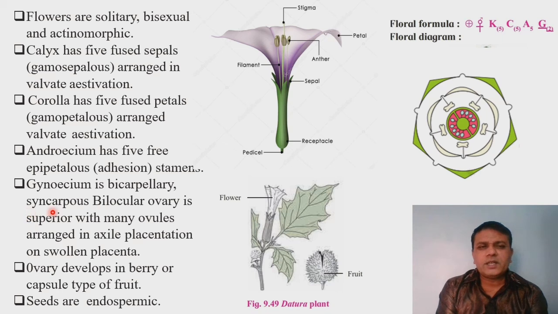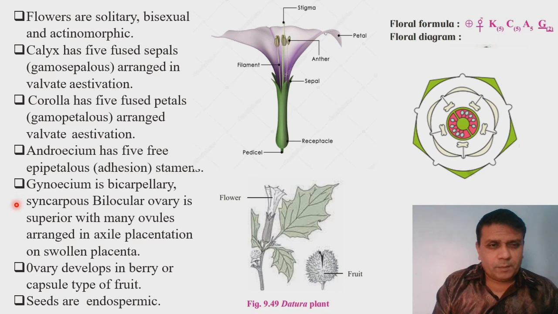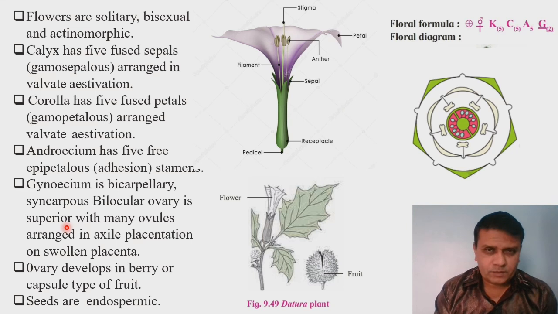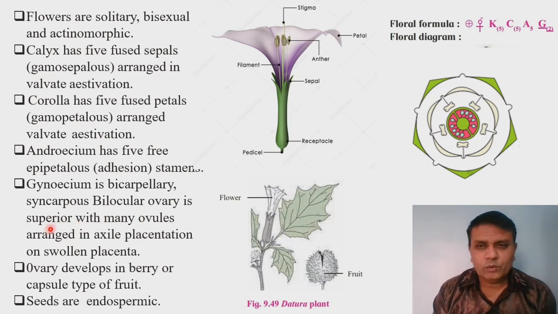Then it is syncarpous. Now syncarpous means the carpels are fused with each other and they are two. Hence the gynoecium is called bicarpellary and syncarpous. Now the ovary is superior. Superior ovary means all the floral parts develop from the lower side of the ovary. Hence the ovary is called a superior ovary.